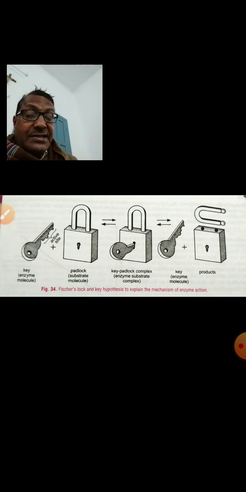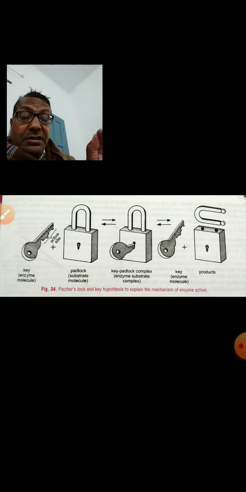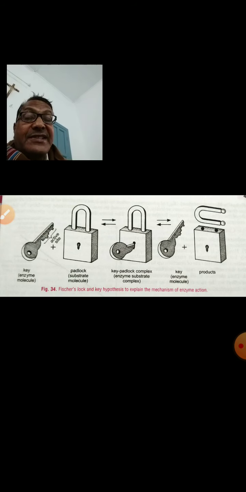So like this, a key can open a particular lock, and like that the substrate molecule can fit correctly into a specific active site of the enzyme. So this we can explain with the help of the lock and key hypothesis.